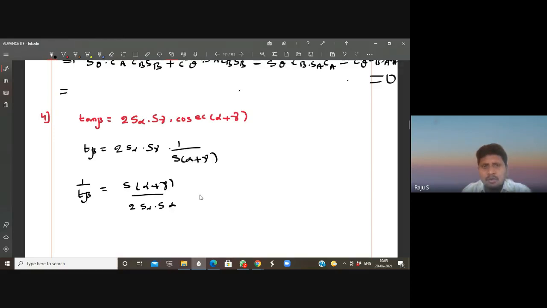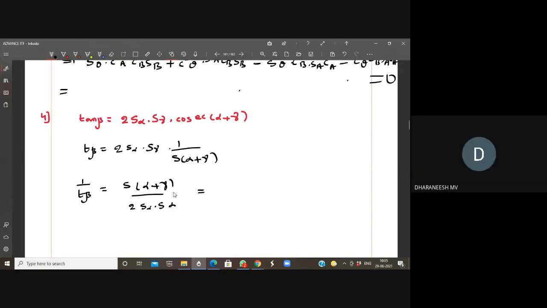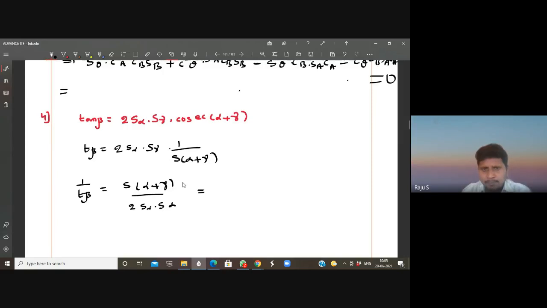Now I want to expand this sine alpha plus gamma. It is the sine A plus B form: sine A cos B plus cos A sine B, all divided by 2 times sine alpha and sine gamma.